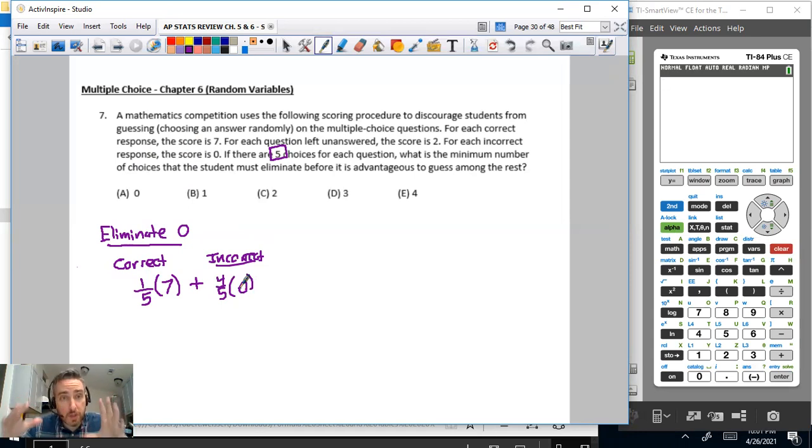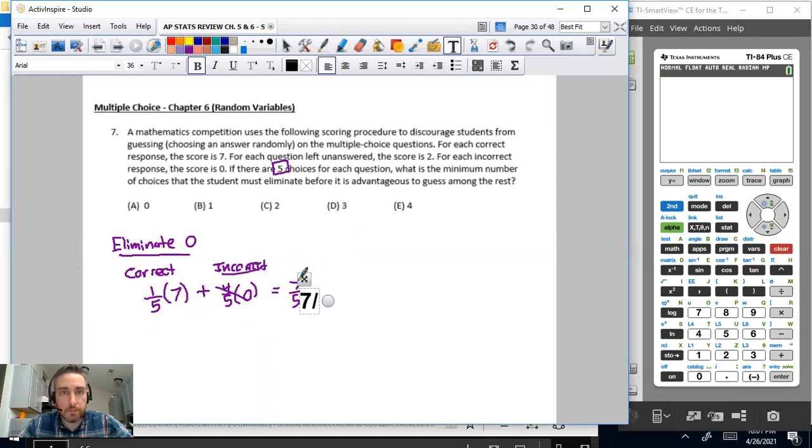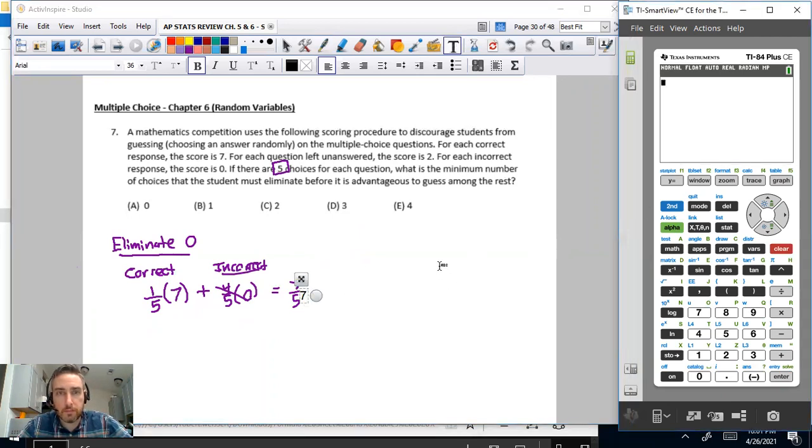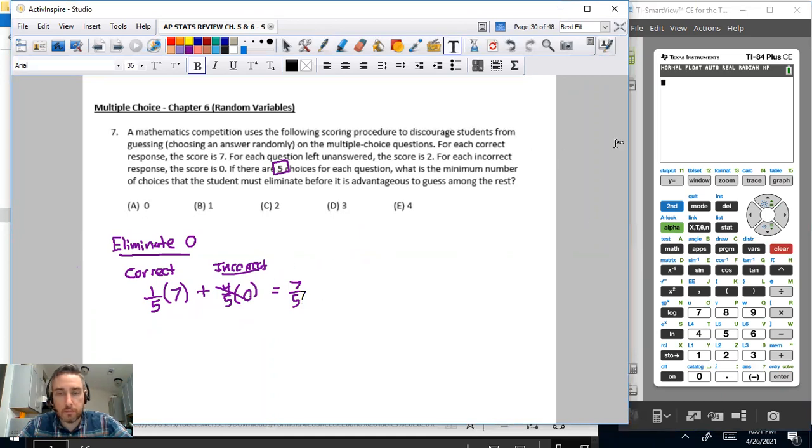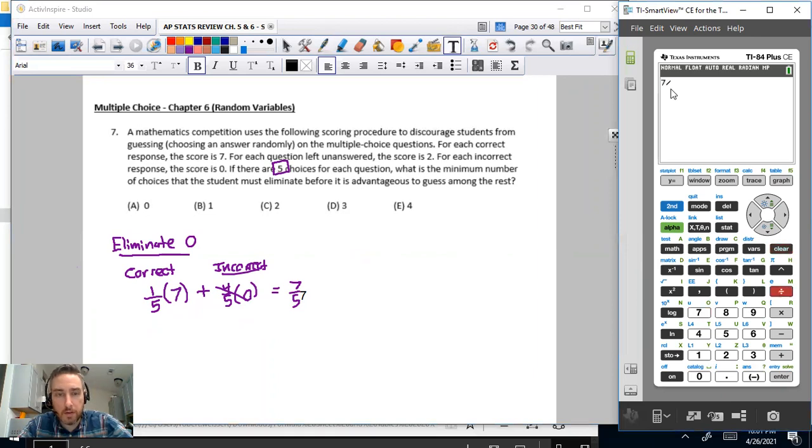So if you multiply the probability times the point value, this is an expected value question, and add those together, what do you get? Well, that's 0, so 1/5 of 7. What does that equal? There we go, so we know that's going to be 1.4.